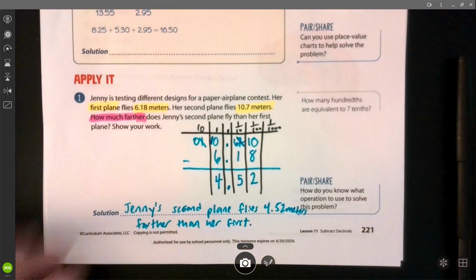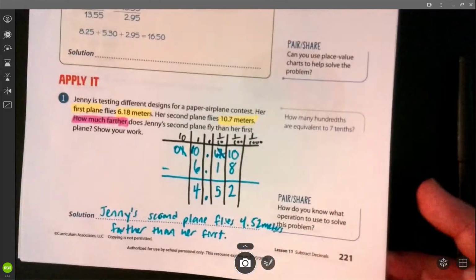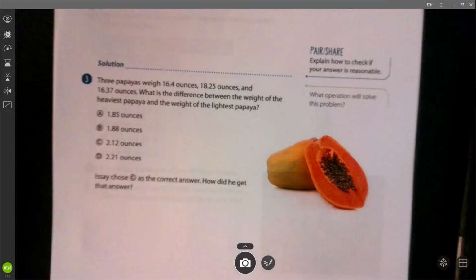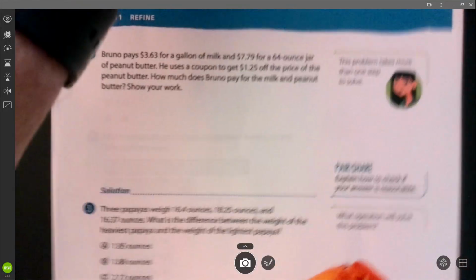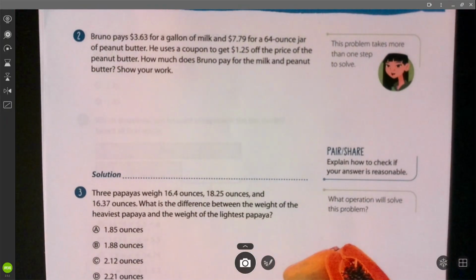There you go. Nice. Nice crisp little answer there for Jenny's paper airplane endeavors. All right. Next page. I'll do the same thing where I do a couple and then stop the video so it's not super long. And we'll go from there.